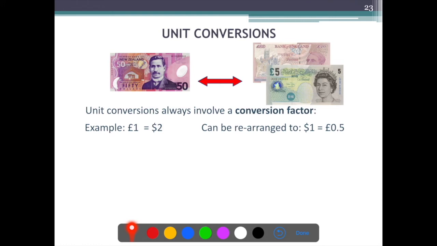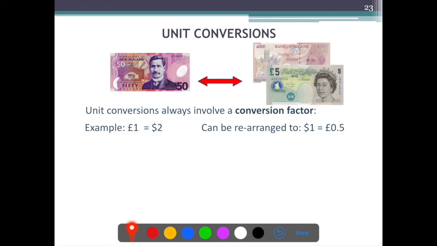So in unit conversion, one important thing to remember is that unit conversions involve a conversion factor. The conversion factor relates the two units that are involved. So if we want to convert pounds to New Zealand dollars, we need a relationship between pounds and New Zealand dollars.